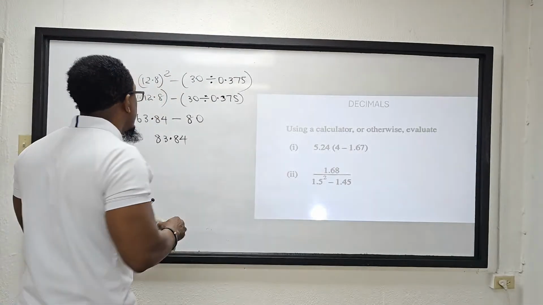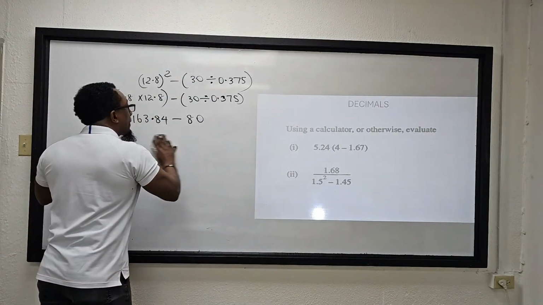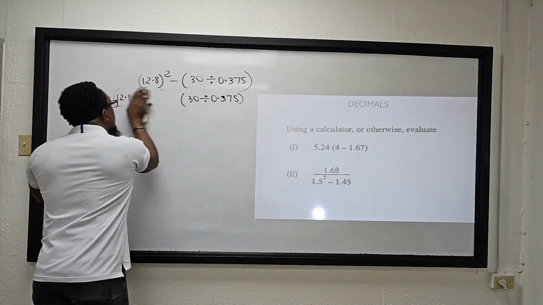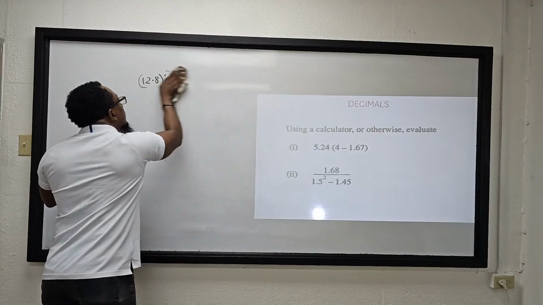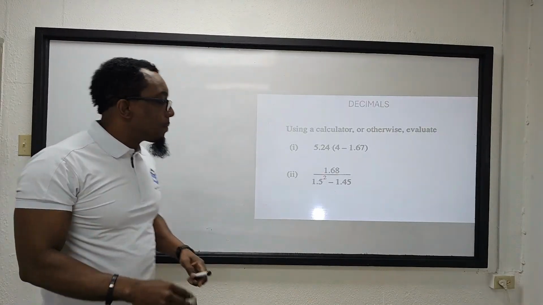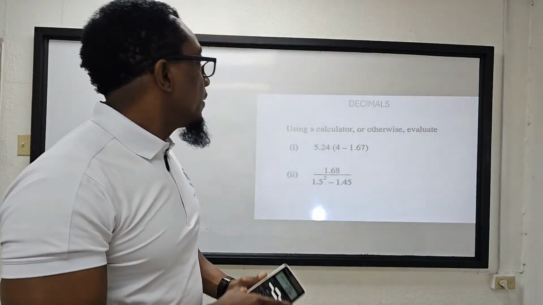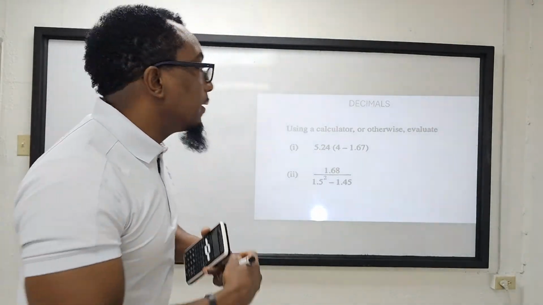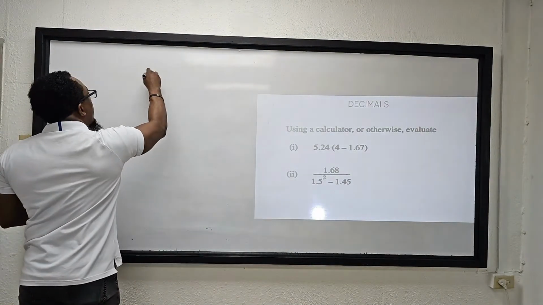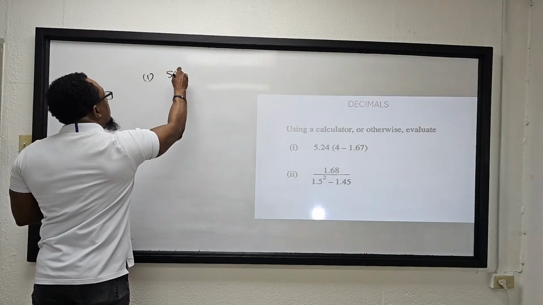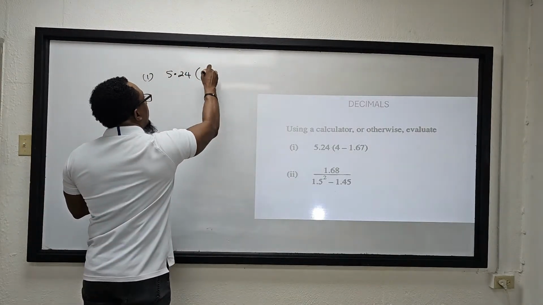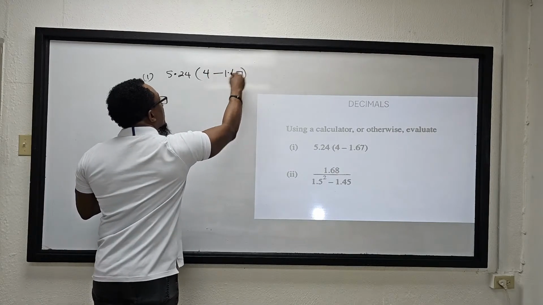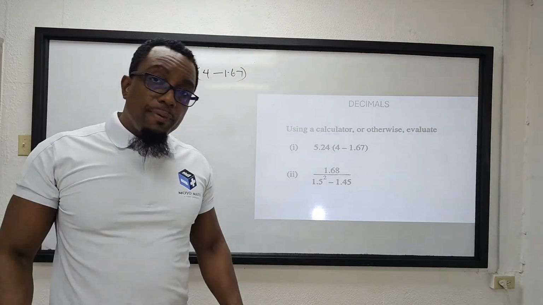So we have here, using a calculator, otherwise, 5.24 and in brackets 4 subtract 1.67. Of course, straightforward.